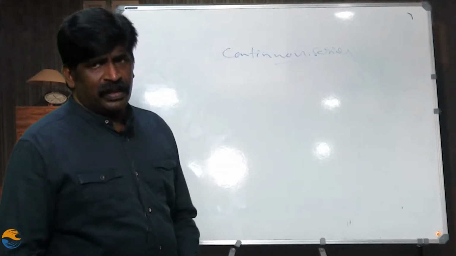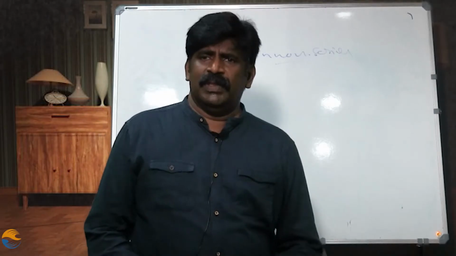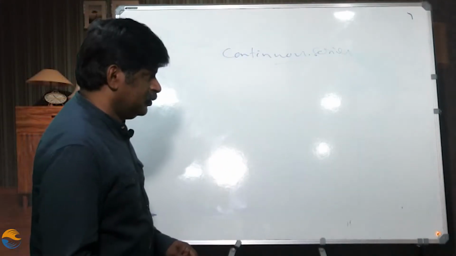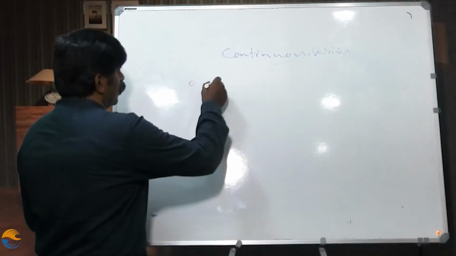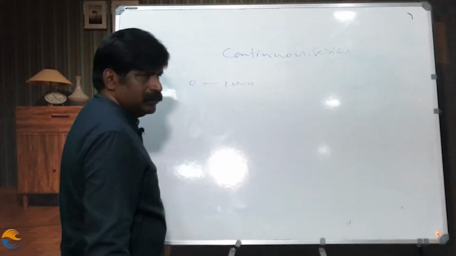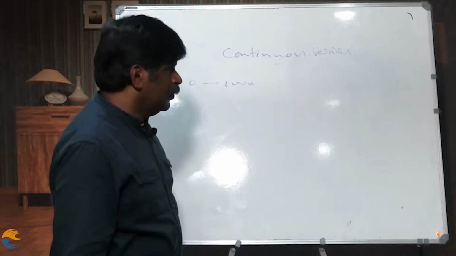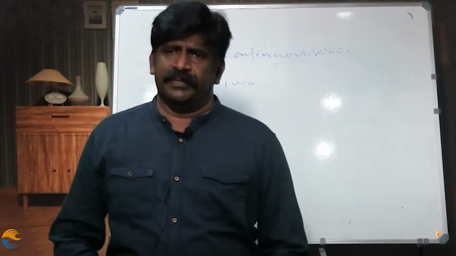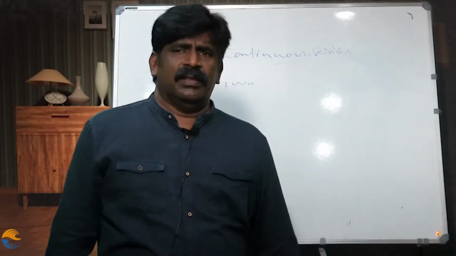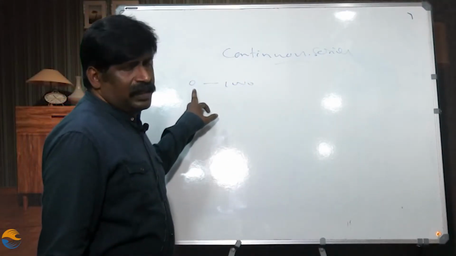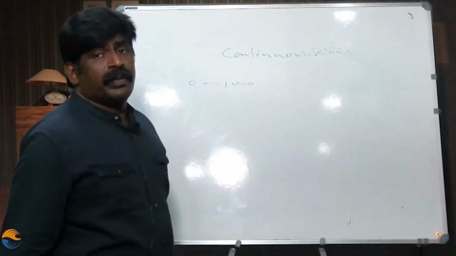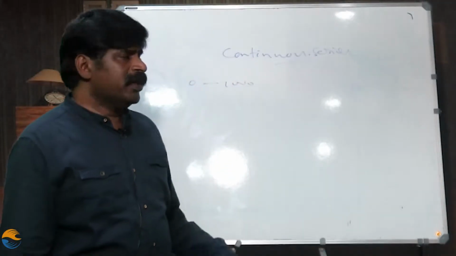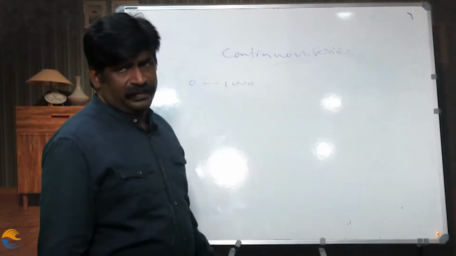And for this purpose, we have to prepare a slab or class here. It is like this: 0 to 1000. Persons who are not spending anything come under this category 0. And persons who spend up to 1,000 rupees will come under the same category.